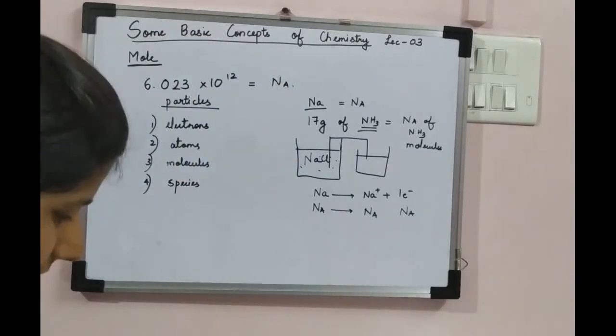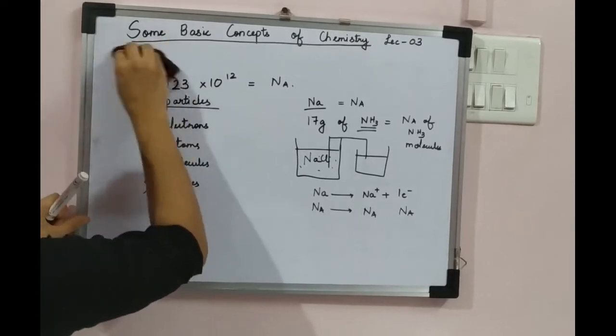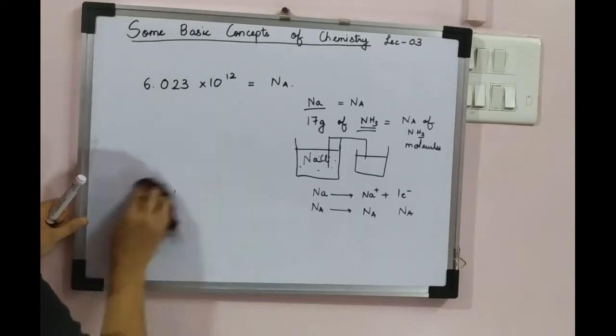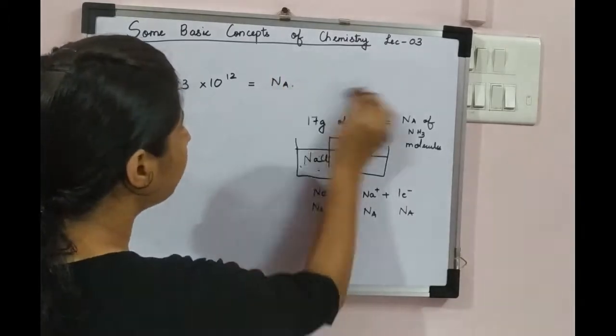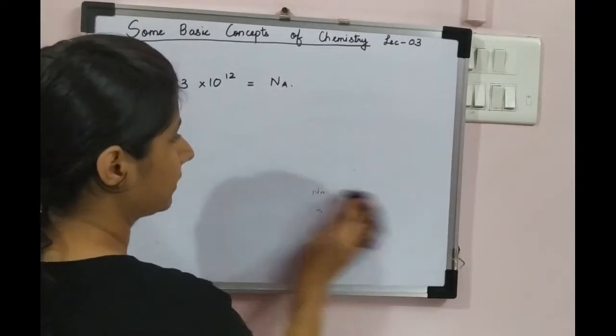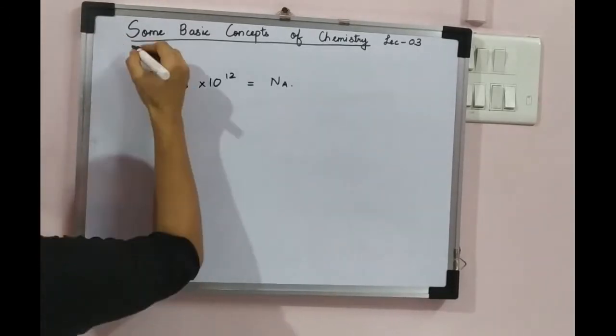Now the next concept that we will learn is the molar mass. So what is a molar mass? Molar mass is, if I take Avogadro number of particles, now it can be atoms, it can be molecules, anything of this kind would give us the molar mass of the substance.